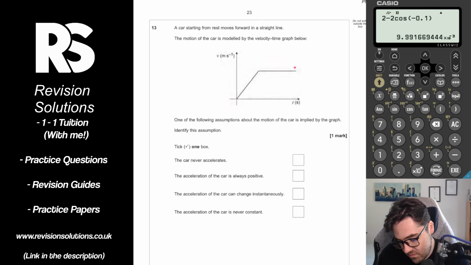That's not true because it's staying constant, it's 0, for this section here. The acceleration of the car can change instantaneously, so that is true. So rather than it being a nice smooth change, we've got a very abrupt change here. So it would be the third option.